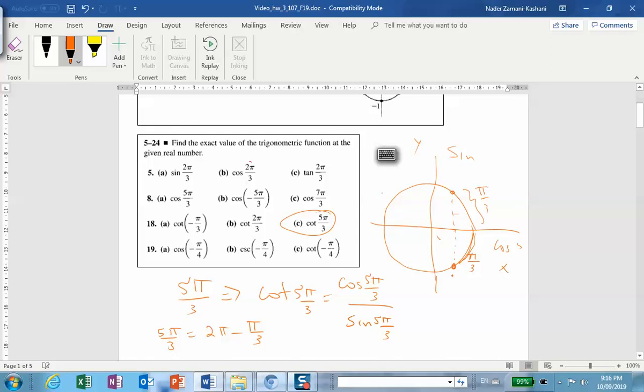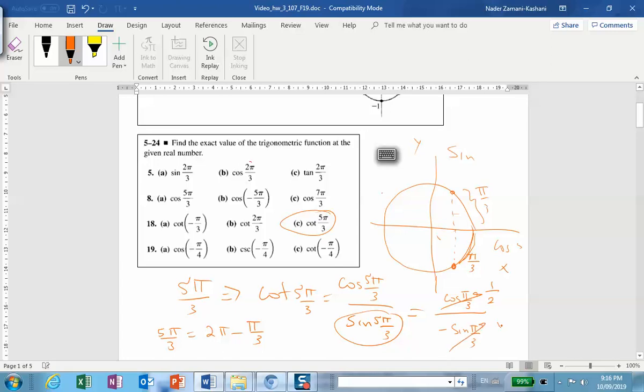So for example, the cosine of this is the same as cosine of pi over 3, which incidentally we know: it is 1/2. And the sine of 5 pi over 3 is the same as negative sine of pi over 3, and this one is root 3 over 2.